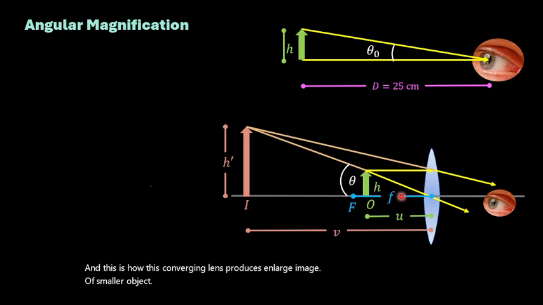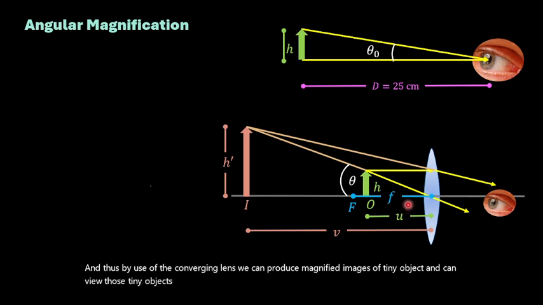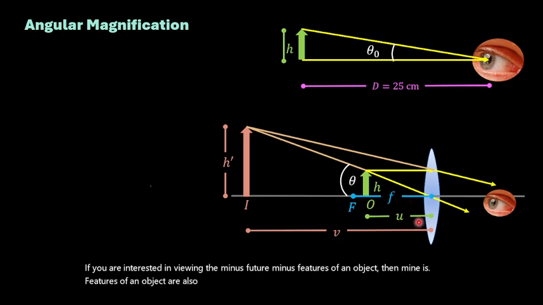And thus by use of the converging lens, we can produce magnified images of tiny objects and can view those tiny objects. Or if we are interested in viewing the minute features of an object, then the minute features are also magnified by using the converging lens.